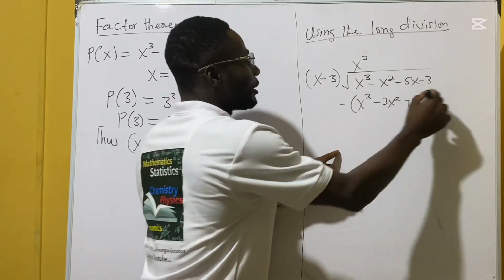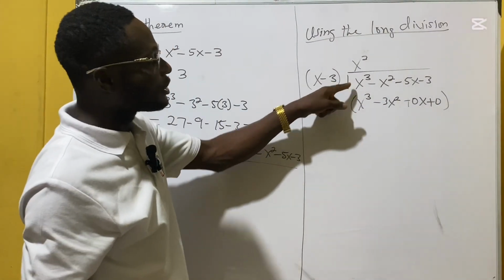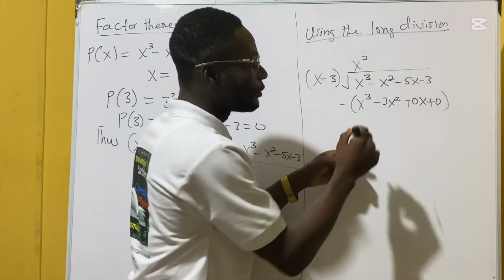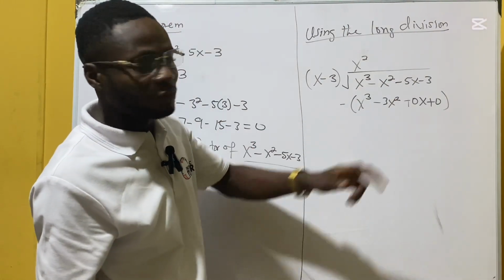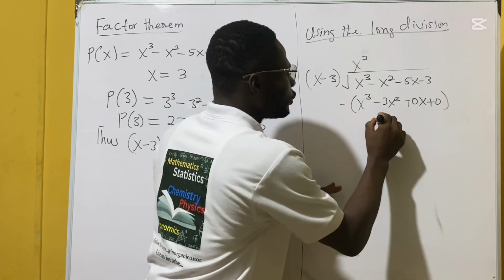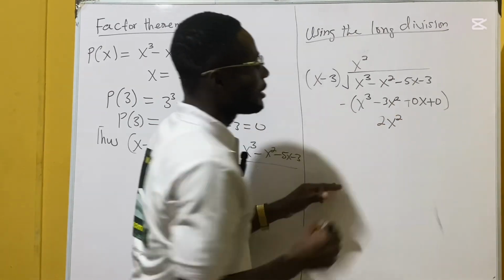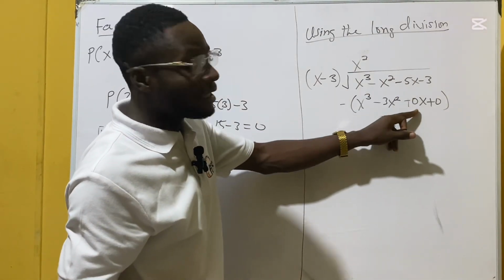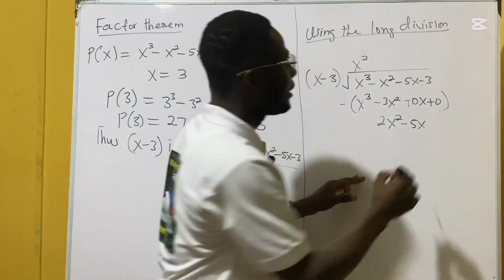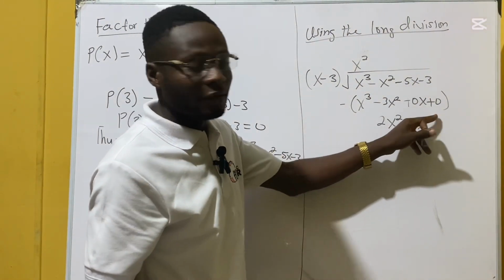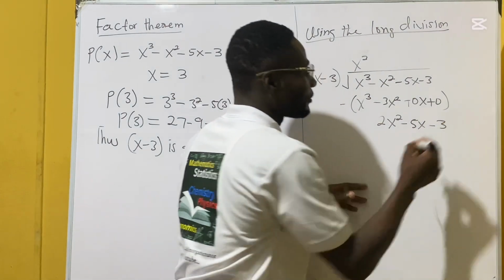When we do the subtraction, x cubed minus x cubed becomes 0, and then minus x squared minus 3x squared becomes plus 2x squared. Then minus 5x minus 0x becomes minus 5x. Minus 3 minus 0 becomes minus 3.